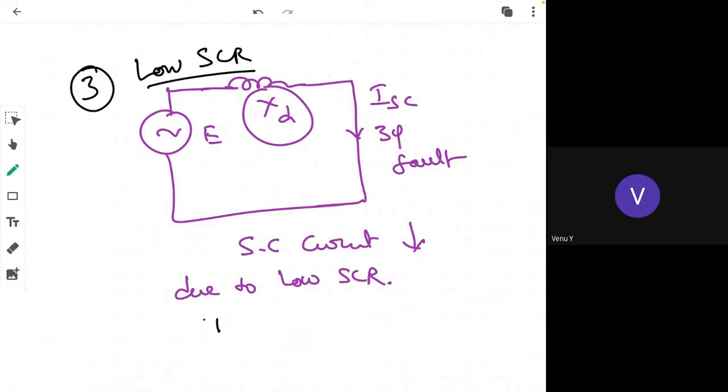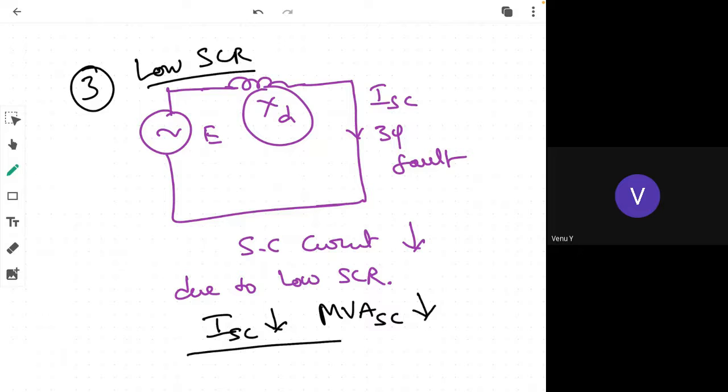ISC has been decreased, therefore short circuit MVA can also be decreased. This is the low value of SCR.